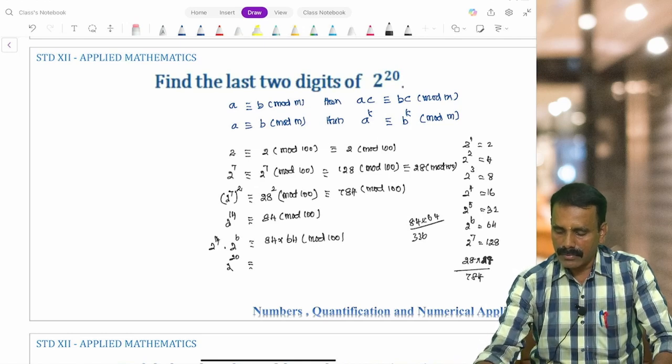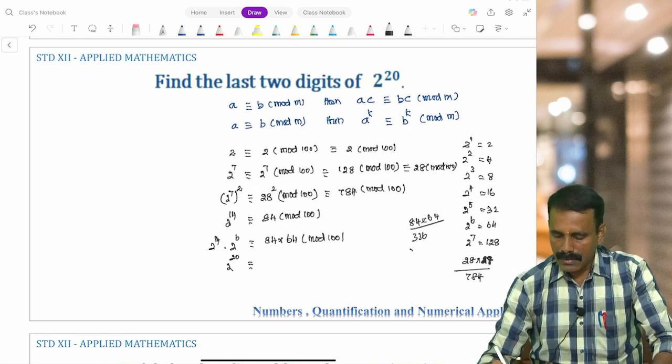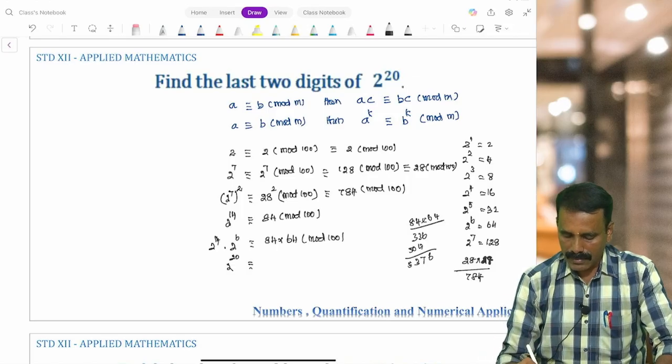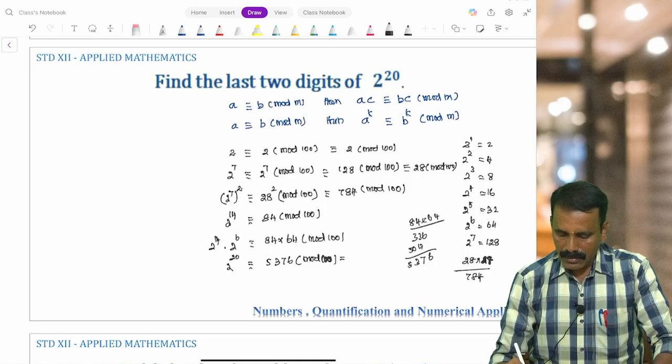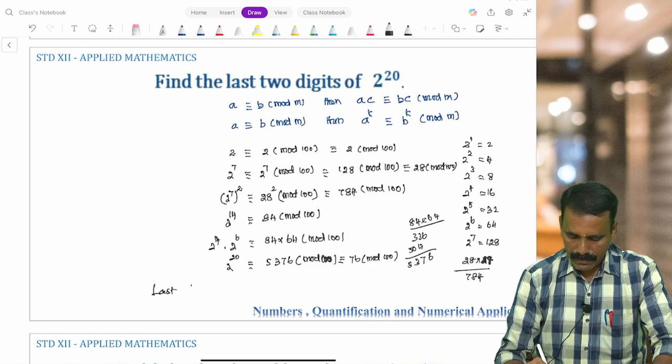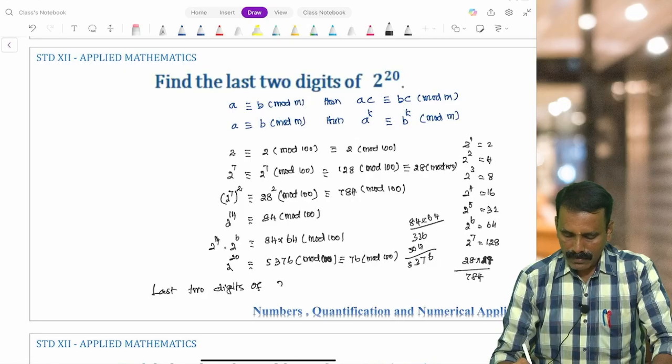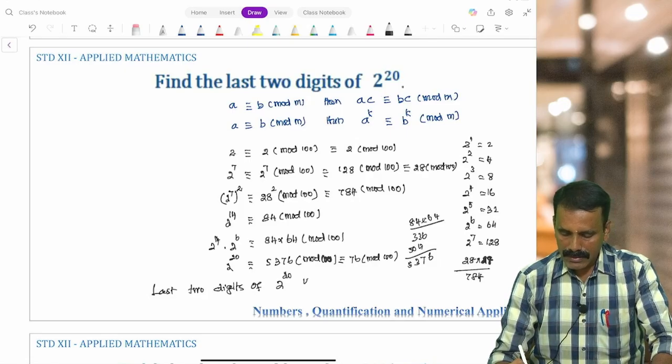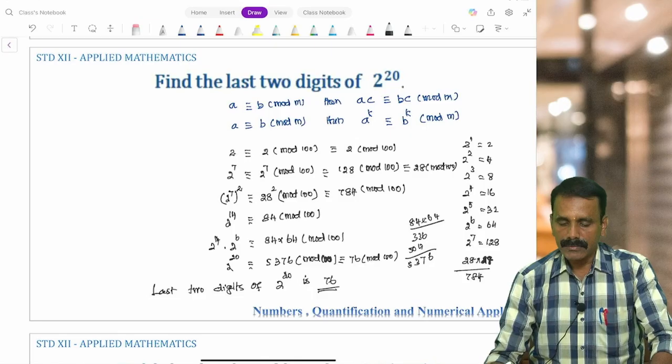Next, 84 into 6 is 504. Adding, we get 5376 mod 100, which is congruent to 76 mod 100. So the last two digits of 2 power 20 are 76.